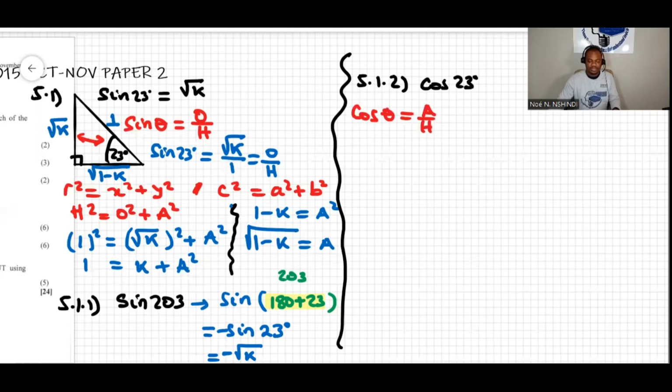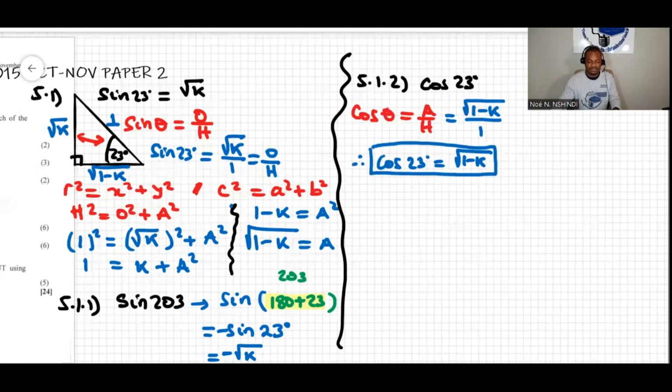Adjacent is square root of 1 minus k, and the hypotenuse is just 1. Therefore, cos 23 degrees is equal to square root of 1 minus k.